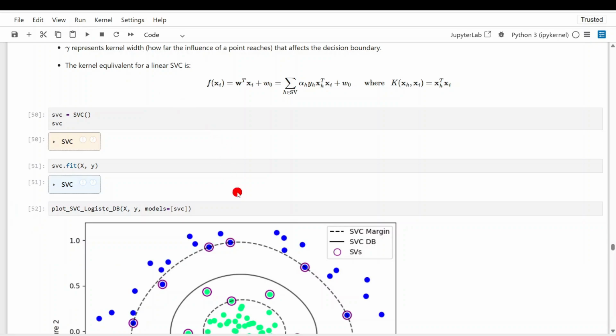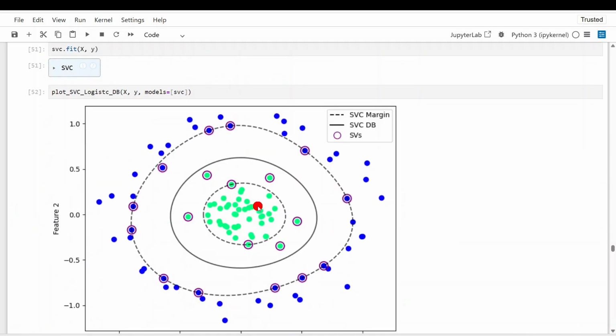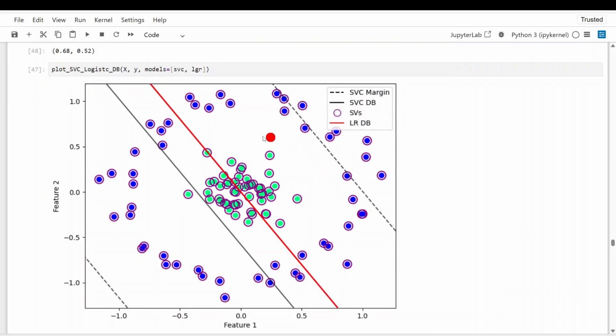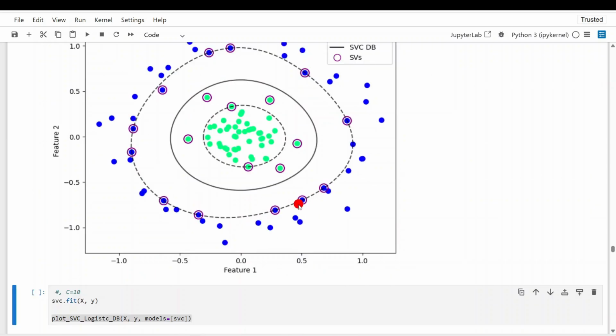So here now this is the kernelized or nonlinear support vector classifier using the radial basis kernel function. Unlike the previous case where separating these two classes is not possible, now separating the two classes with 100% accuracy is possible.